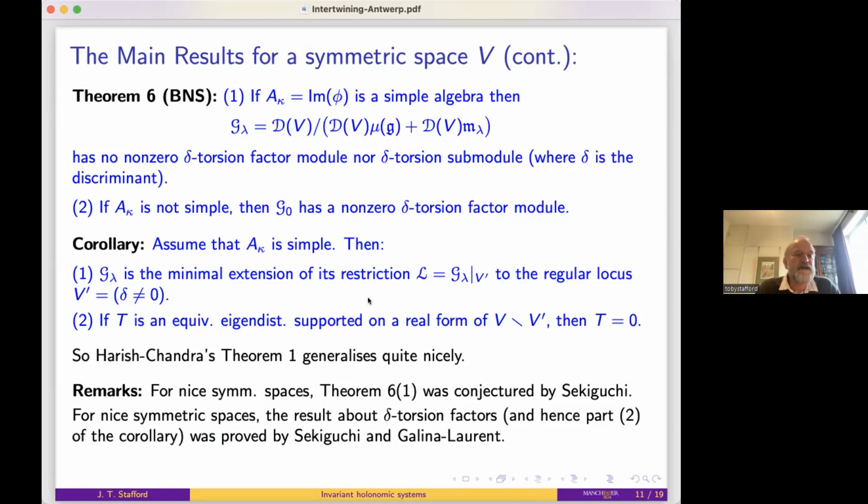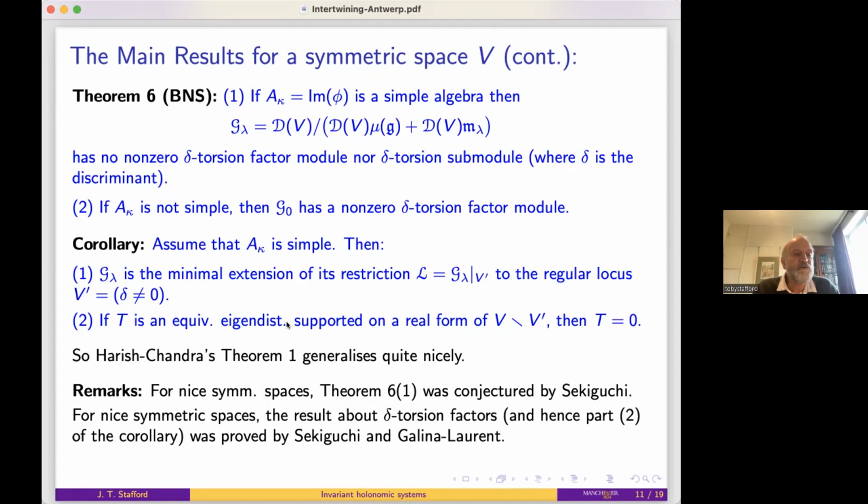And it also explains the comment I made earlier about Sekiguchi and Galina, Laurent showing that in certain cases you were able to get this corollary, this generalization of Harish-Chandra's theorem. But there were these other examples of Torossian where you had G0 equivariant eigendistributions supported at the origin.